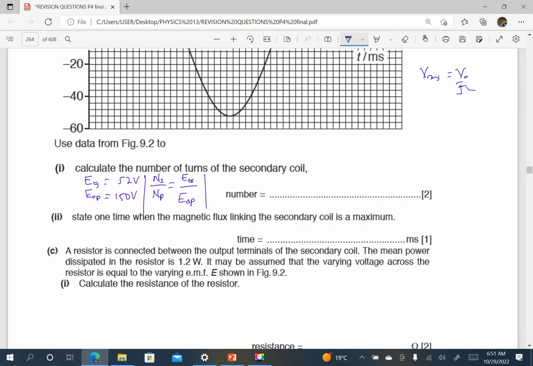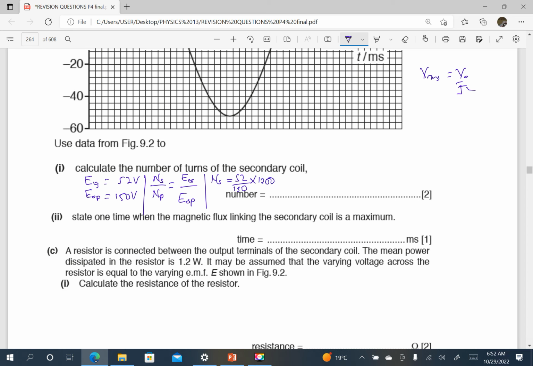And when you substitute, you are going to see that the number of turns in the secondary is equal to the peak value of the secondary, which is 52, that is the output, over the peak of the input, 150. You should be uniform when you're dealing with the peaks. Use the peaks. If you are dealing with the root mean square values, use root mean square values. Then times the number of turns of the primary, 1200.